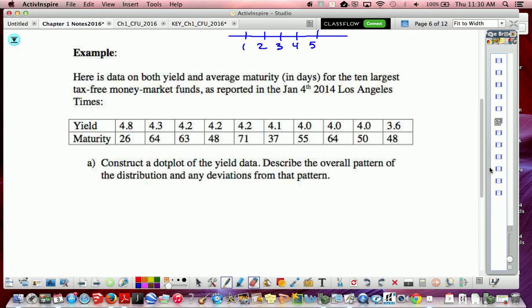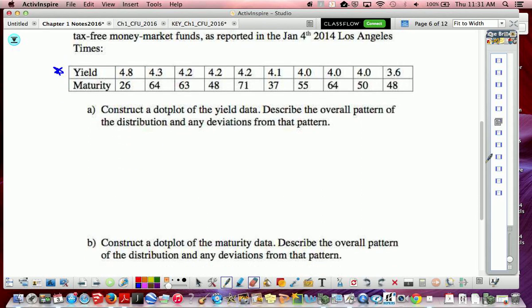Wow, some data that's only a little bit more than a year old. Usually the data is like 20 years old. So, in question A, it says, construct a dot plot for the yield data. So, I'm just going to do it for this one right here. Describe the overall pattern of the distribution and any deviations from that pattern. We haven't talked about how to describe, so let's just do the dot plot first, and then we'll talk about describing data.